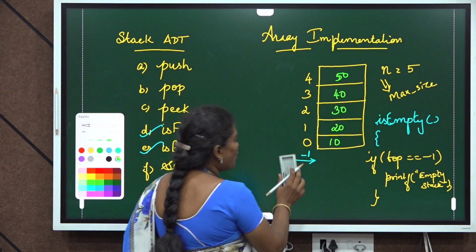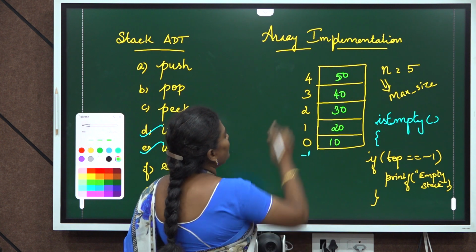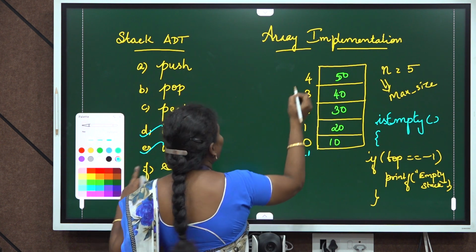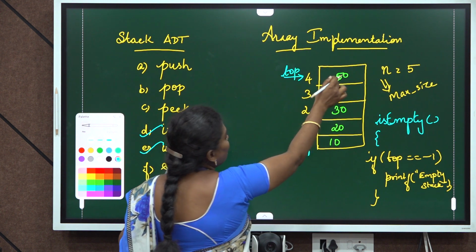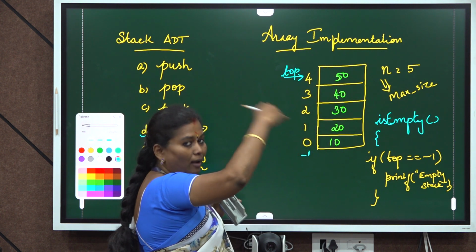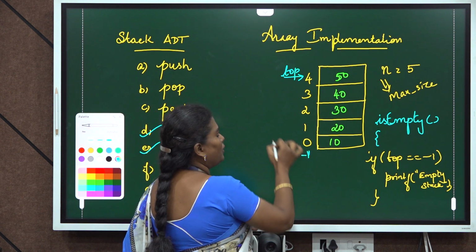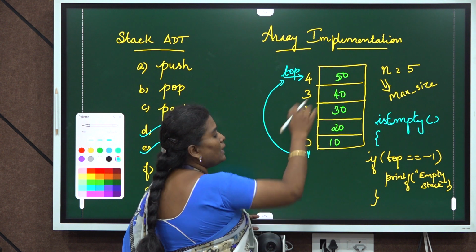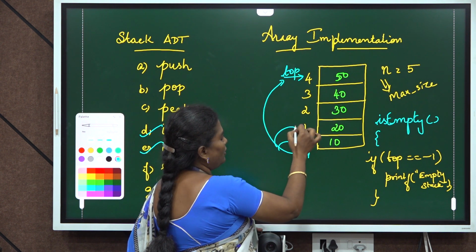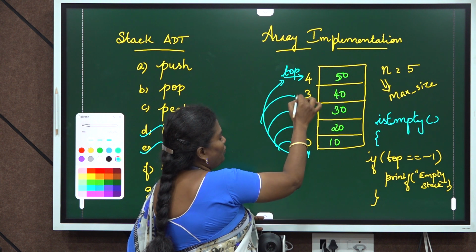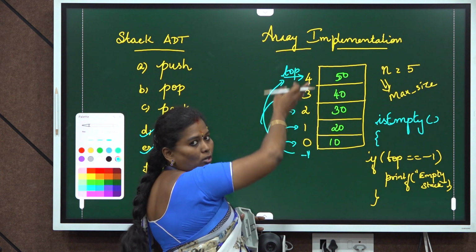Now instead of having top here, top will be moved to the location 4, because this is the value which we have inserted last. So top will be moved from -1 up to 50 by inserting each and every element, after inserting 10, 20, 30, 40 and then 50. When we are doing so, the top value is also incremented.